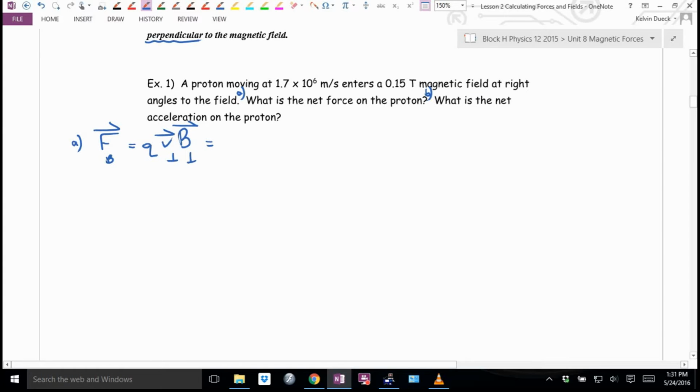q. It's a proton, 1.6 times 10 to the negative 19. v, velocity or speed. Well, velocity, I guess we're back in force as a vector. What's the velocity, Spence? 1.7 times 10 to the 6. B, magnetic field in Teslas.